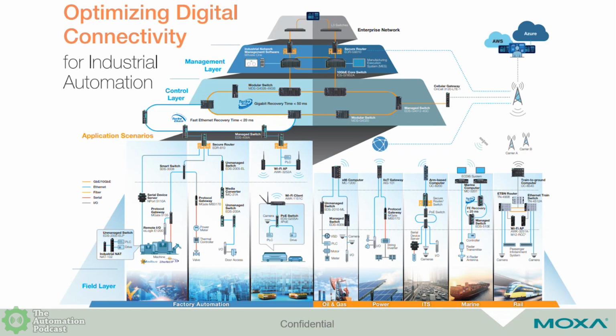You have to have computers, networking and connectivity devices, and then all that is fed through different layers of applications up to the control centers, and then all the way up to the executive networks. There's a lot of compute and a lot of components needed, and Moxa has played in every level of this ecosystem in the last 20, 30 years. We have a lot of products and solutions specifically for the industrial PC market.